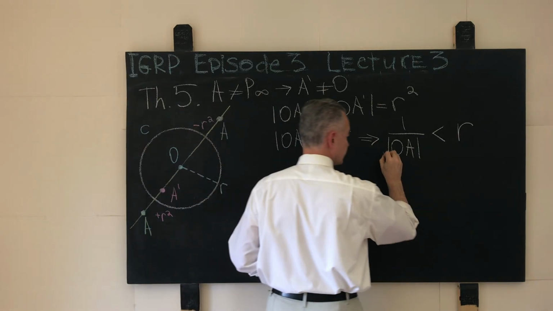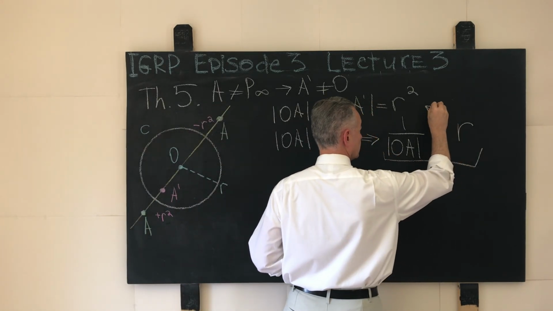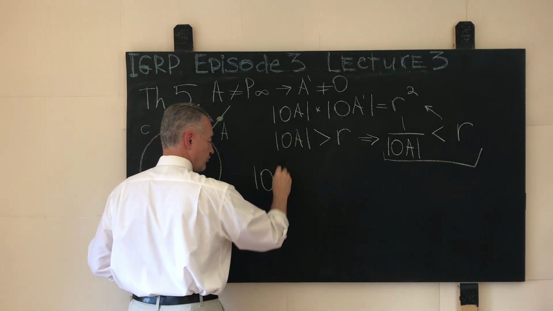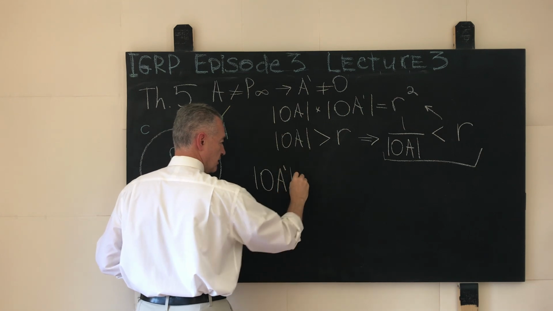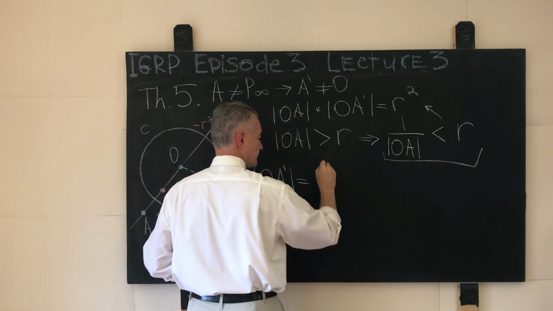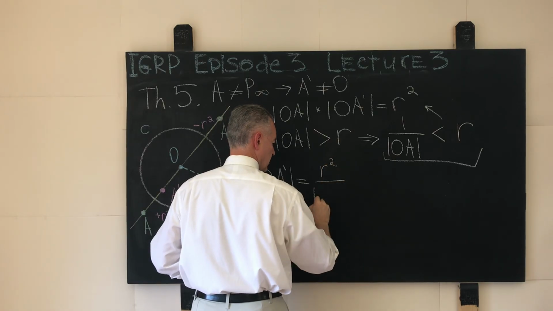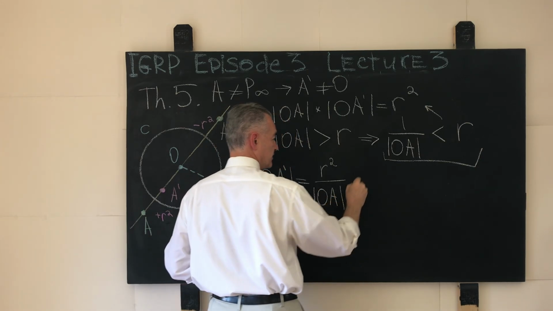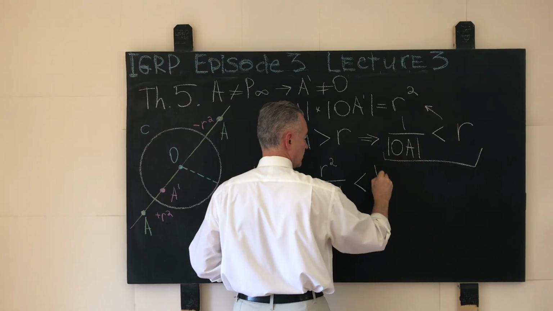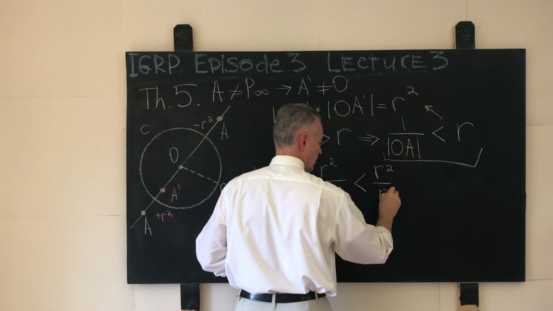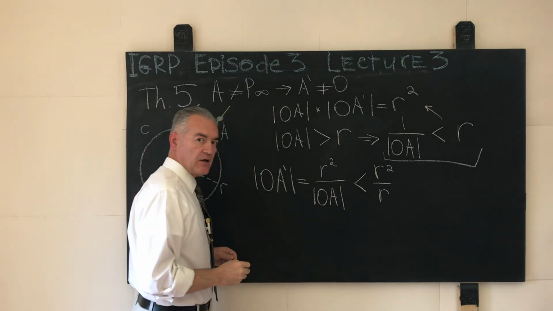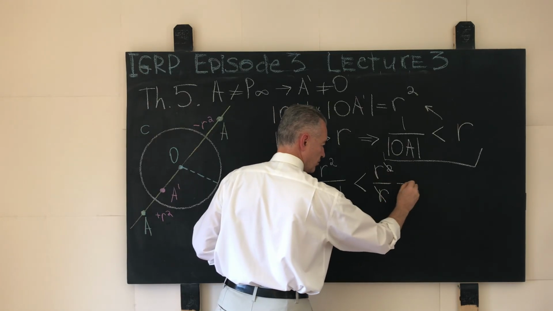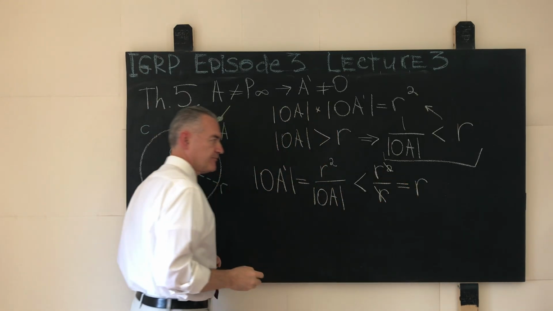If we put this relation back into here and express the distance from the center of inversion to the image point A prime, we will have what from this relation? R squared divided by the distance from the center of inversion to the pre-image point A, and that distance will be less than R squared divided by R, again canceling out one copy of the radius of inversion in the numerator, and in the denominator we arrive at the single copy of the radius of inversion.